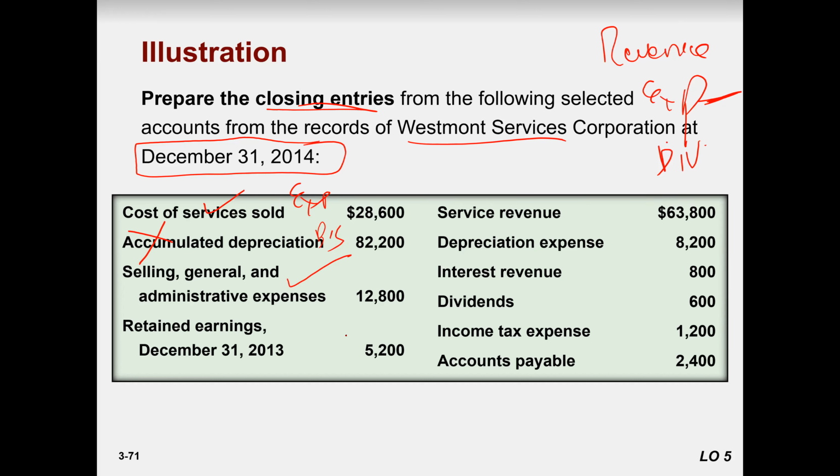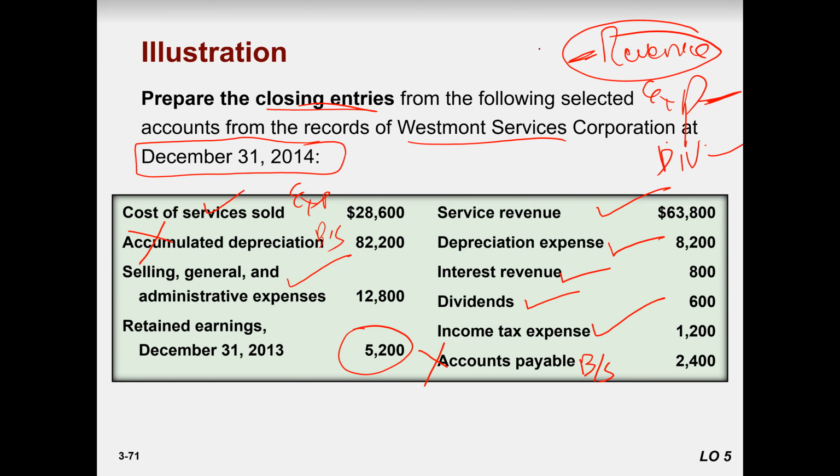Retained earning is extra information. Service revenue must be closed. Yes. Depreciation expense closed. Yes. Interest revenue must be closed. Yes. Dividend must be closed. Yes. Income tax expense must be closed. Yes. Payable is a balance sheet item. No.